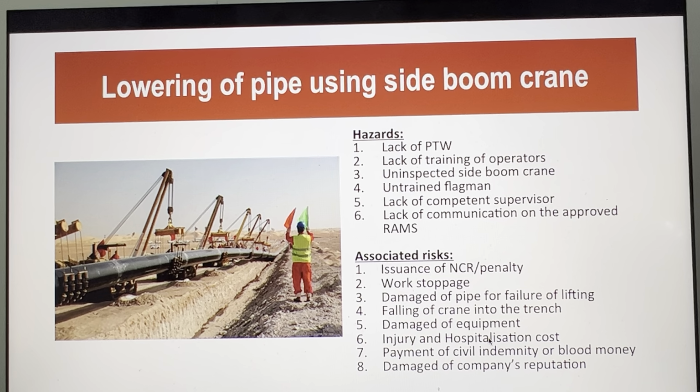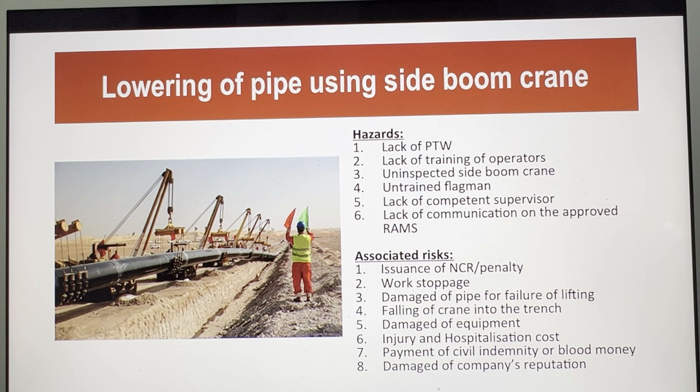Now, lowering of pipe using side boom crane. You will find this in pipeline activity in the brownfield. Lack of PTW, because PTW is required. Now, why is working without a permit to work a hazard? Because your activity is not verified. It is not inspected.